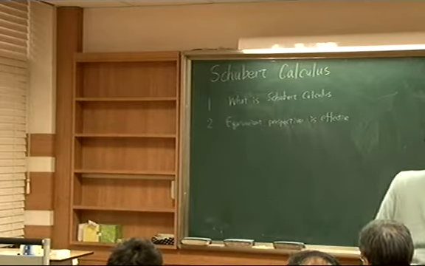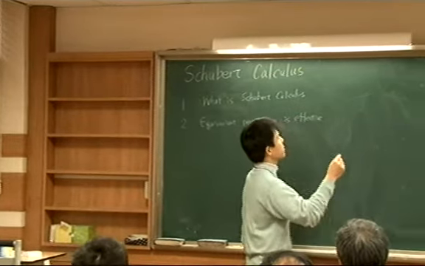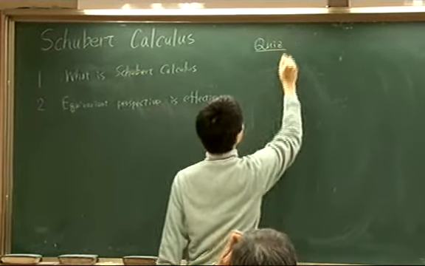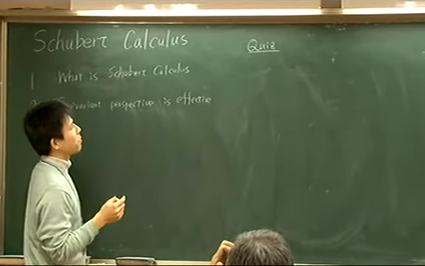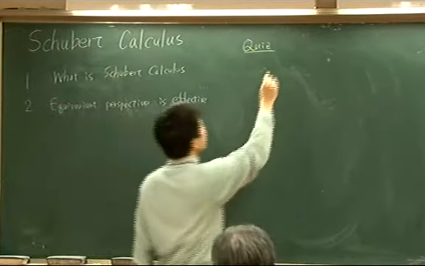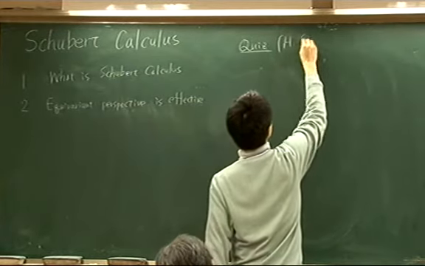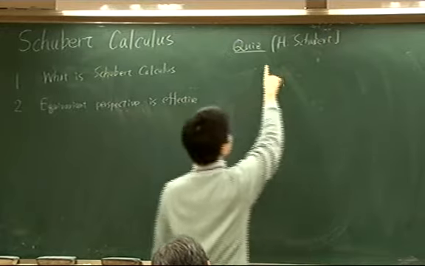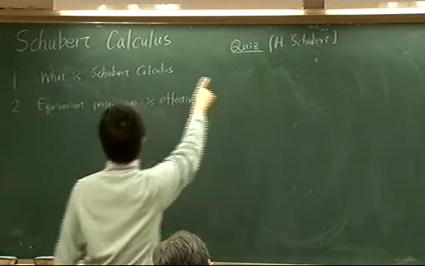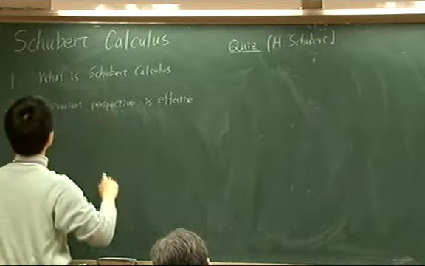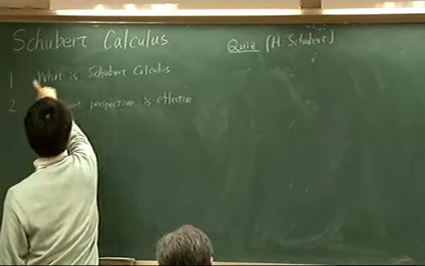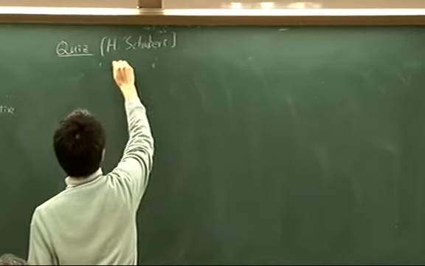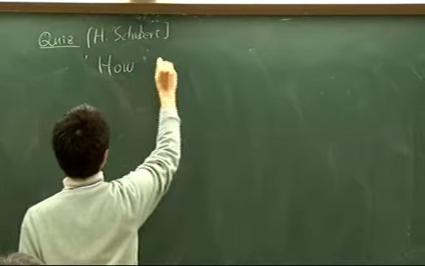So let me start with a quiz, which was first posed by Hermann Schubert. This explains why we call it Schubert calculus. The problem goes as follows.